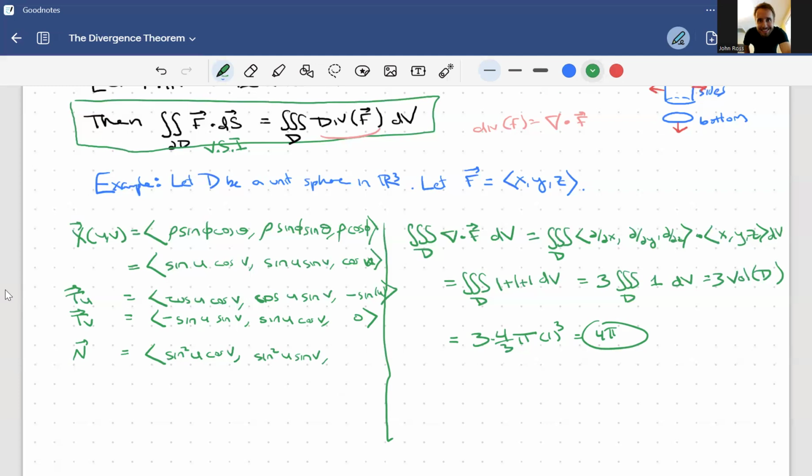And then finally, this more challenging component, we're going to get cos u sine u times cos v squared minus a negative, so plus cos u sine v squared. And so we're going to get a cos squared plus sine squared of v there. And when the dust settles, it's just cos u sine u.